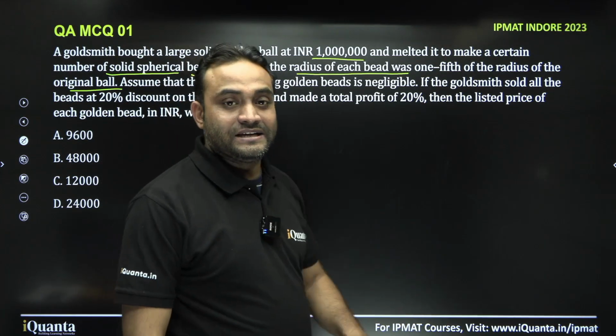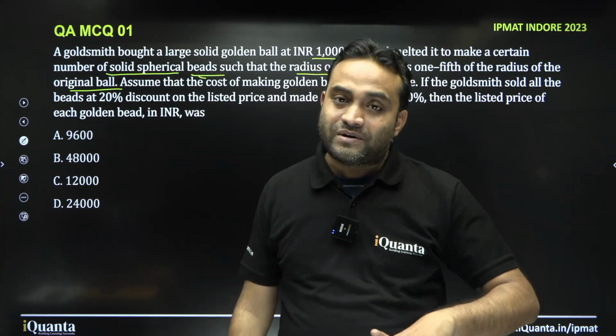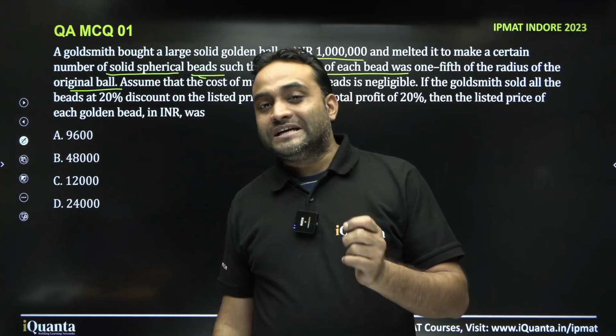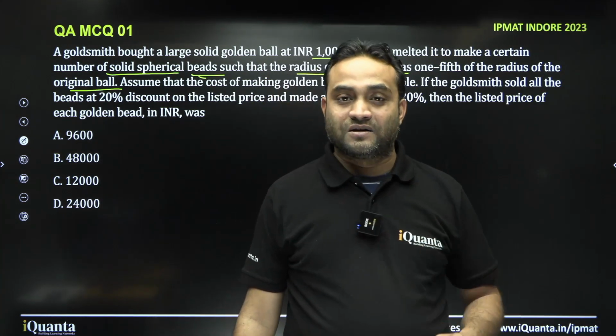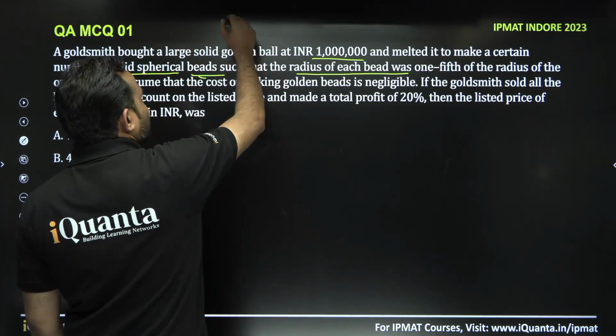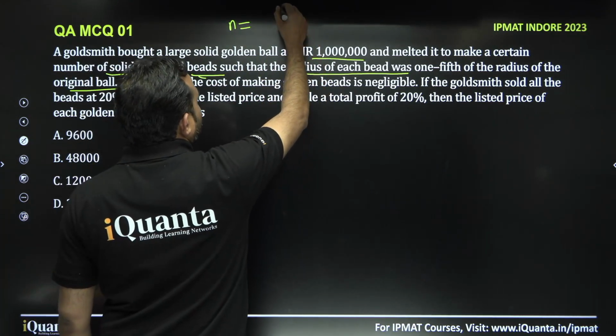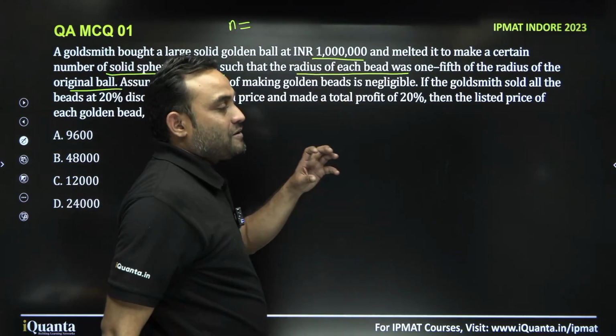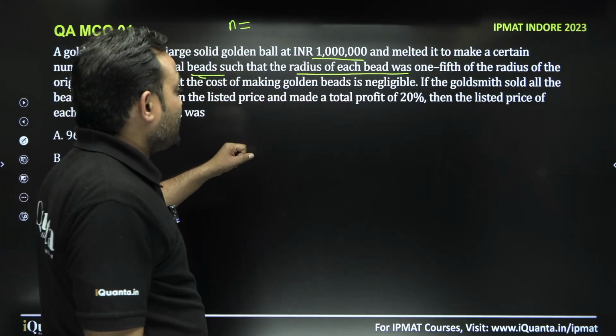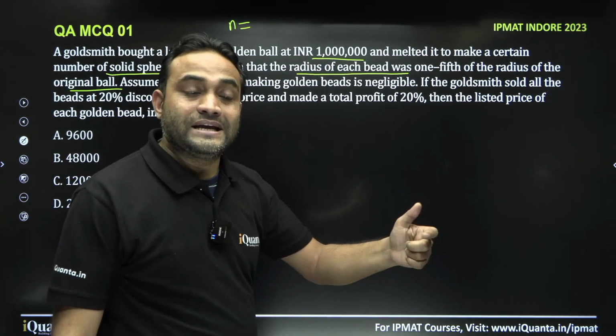So basically, initially, if the radius was 5R, the radius of each new bead is R. We can find how many smaller beads there will be: the total volume of the golden ball divided by the volume of each bead.